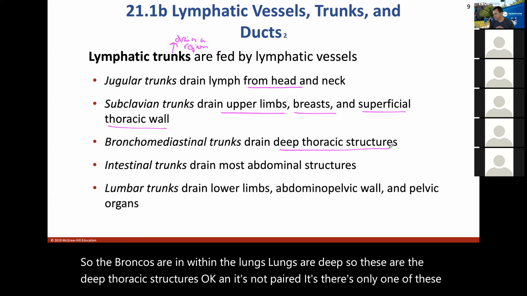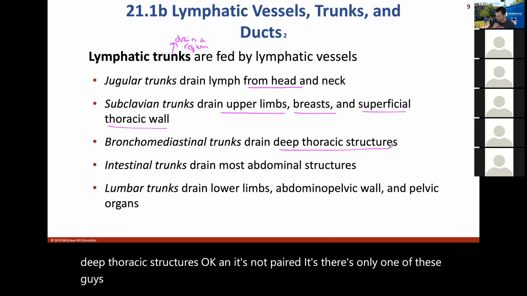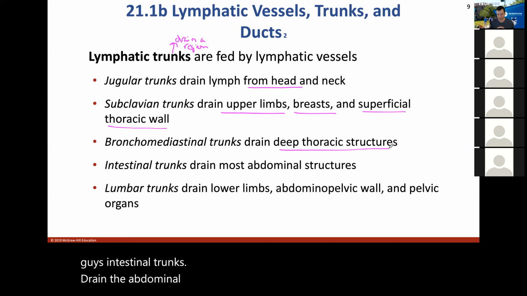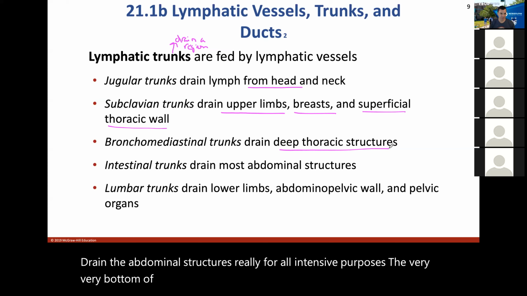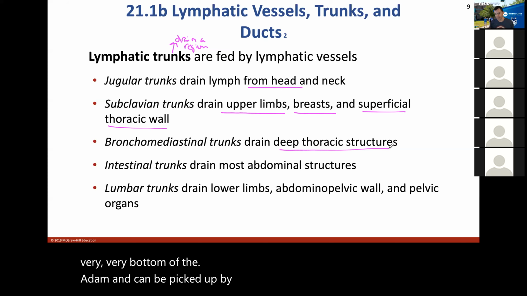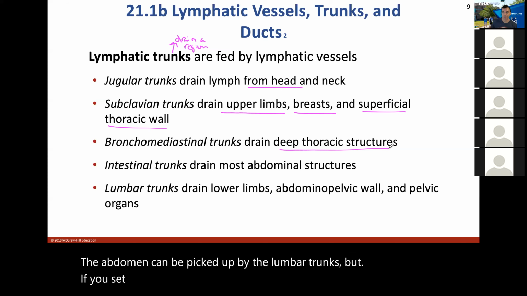Intestinal trunks drain the abdominal structures, really, for all intents and purposes. The very, very bottom of the abdomen can be picked up by the lumbar trunks, but if you said abdominal structures there, I would accept that answer.